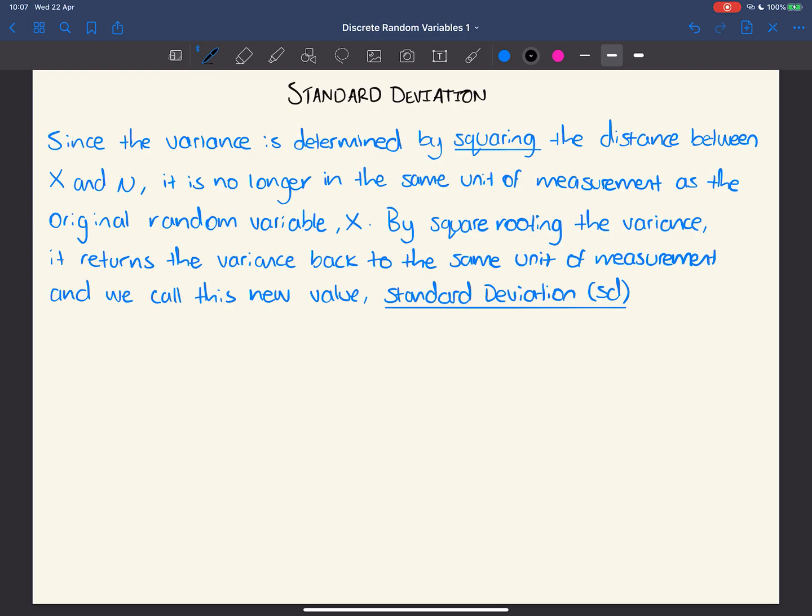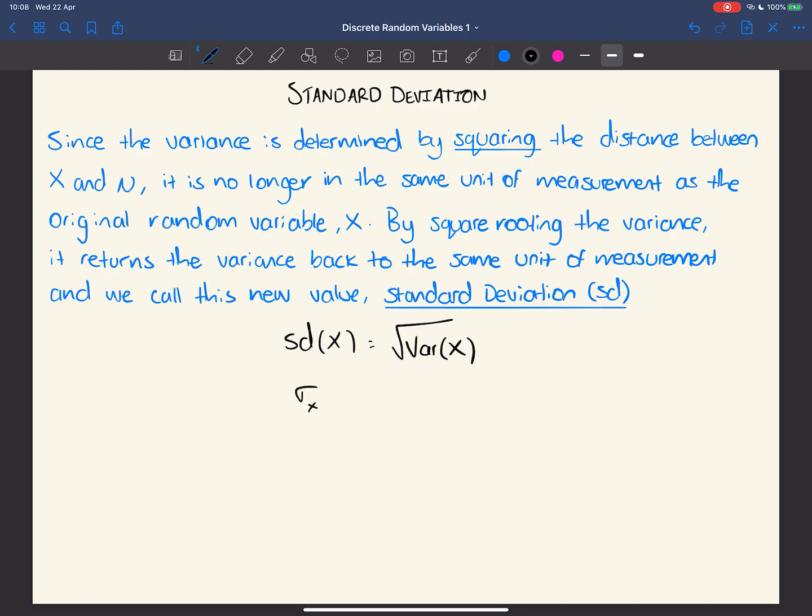There's another way of doing it, but just for now, in relation to variance, the standard deviation of our probability distribution is the square root of the variance of our probability distribution. Okay, so in this case, we can use a new letter, sigma.